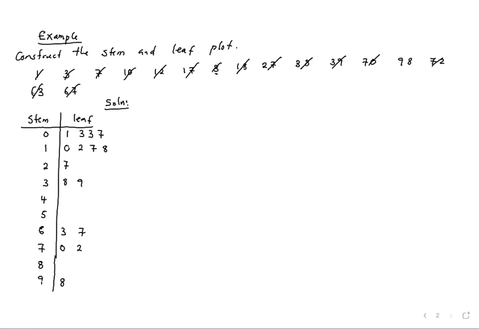Then, let's find the number of entries that we have. So we count 1, 2, 3, 4, 5, 6, 7, 8, 9, 10, 11, 12, 13, 14, 15, 16. So we have 16. So the median is going to be at position 16 plus 1 over 2.